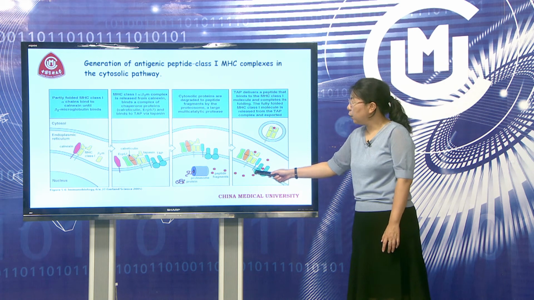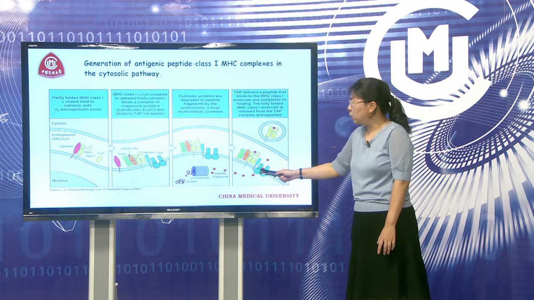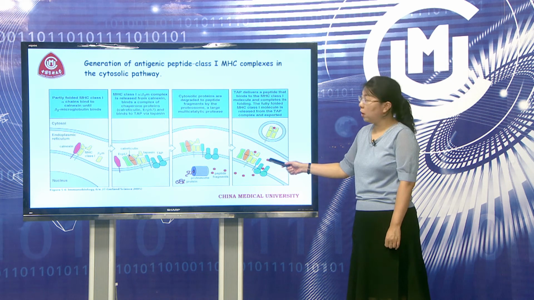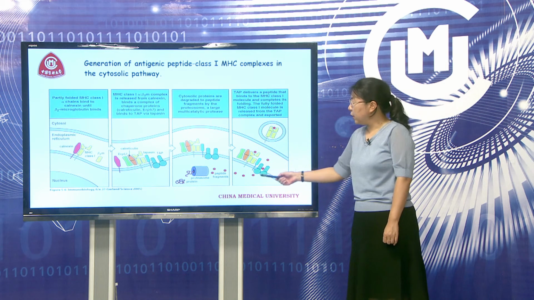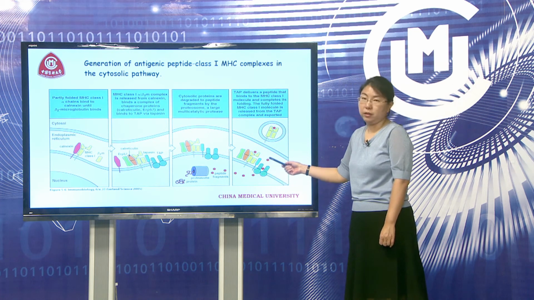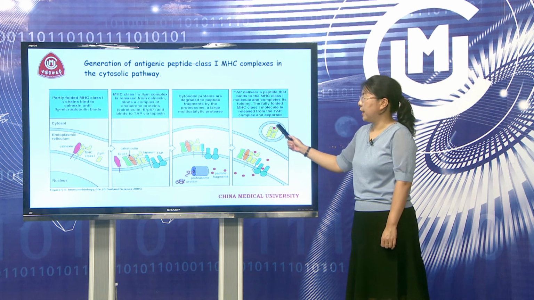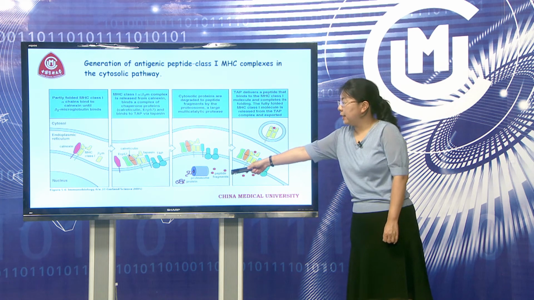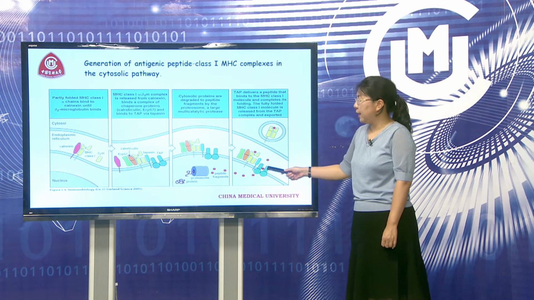If a patient has a mutation in TAP, the peptide cannot move into the endoplasmic reticulum, so it cannot be presented on the cell surface. And some viruses can close this door, so the peptide cannot move into the endoplasmic reticulum, and the antigen also cannot be presented on the cell surface. So this is the key point: the proteasome digests the endogenous antigen, and the endogenous antigen must pass through TAP.